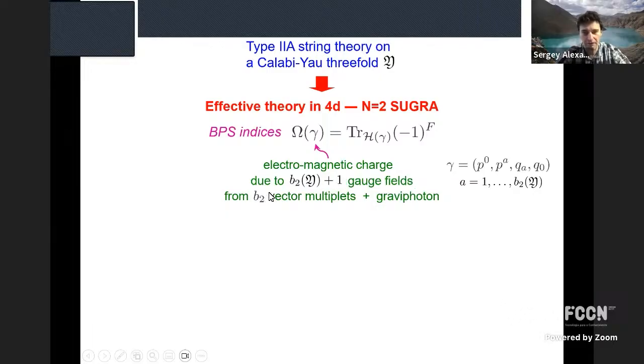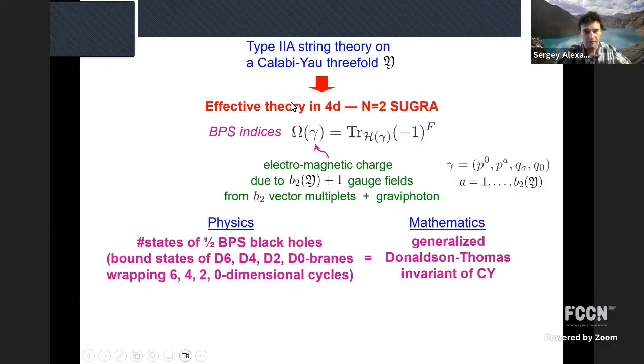So b2 of them come from vector multiplets, and one additional comes from the gravitational multiplet. And of course, each gauge field gives one electric and one magnetic charge. So p0, p^a will be magnetic charges, q_a, q0 will be electric. And p0 is associated with the graviphoton, and p^a, q_a with the vector fields from vector multiplets.